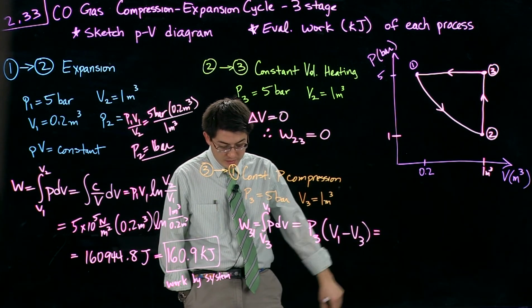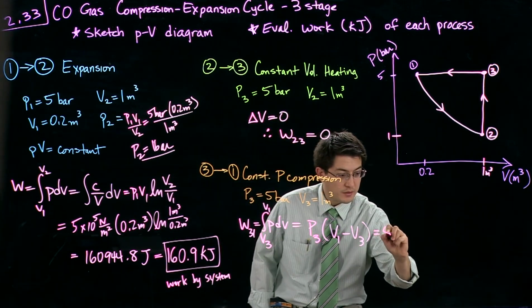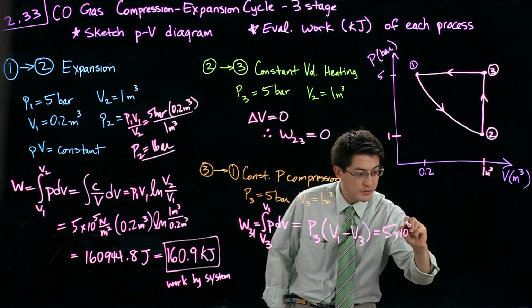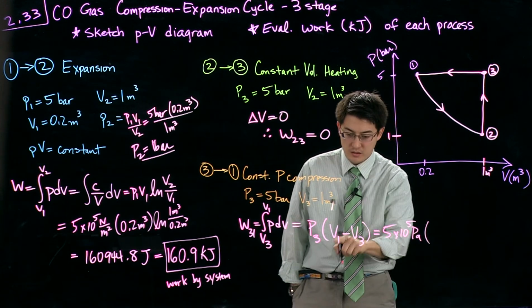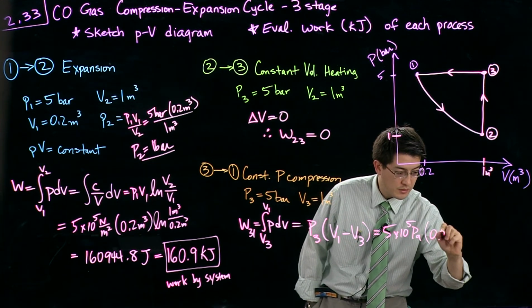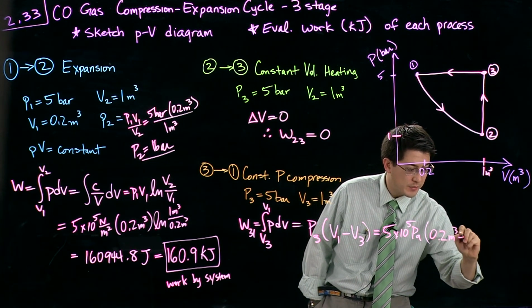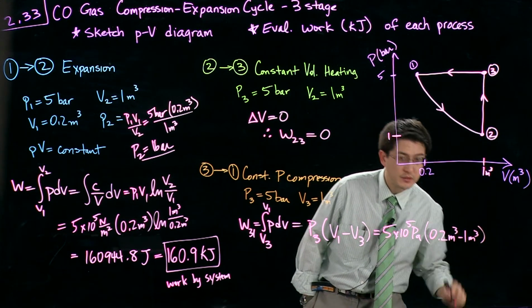We can evaluate this as 5 times 10 to the 5th pascals times 0.2 cubic meter minus 1 cubic meter.